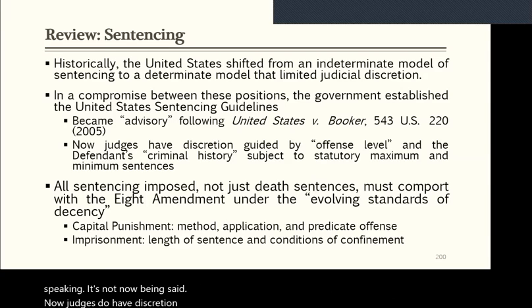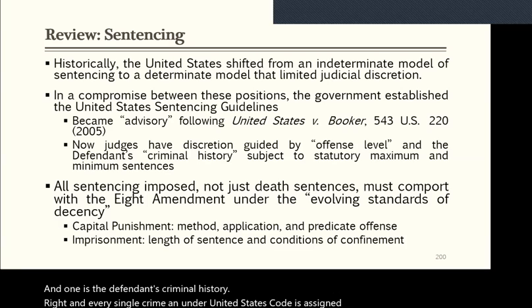And basically what happens is they are guided by two numbers. One is an offense level, and one is the defendant's criminal history. Right, and every single crime under the United States Code is assigned a criminal offense level score.